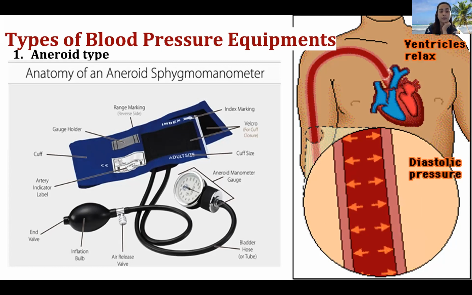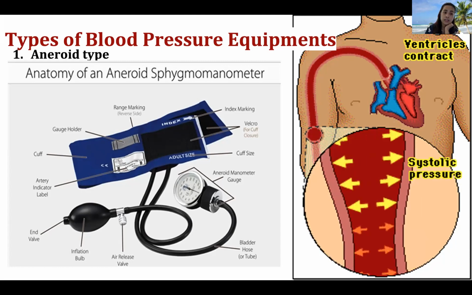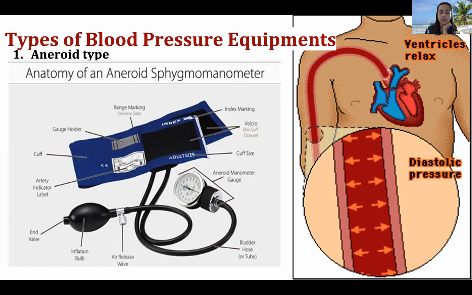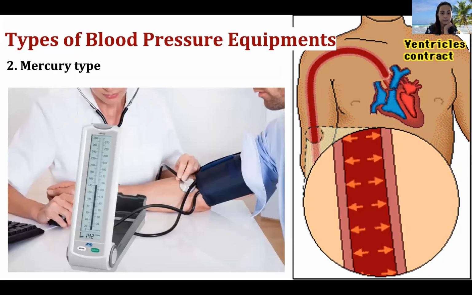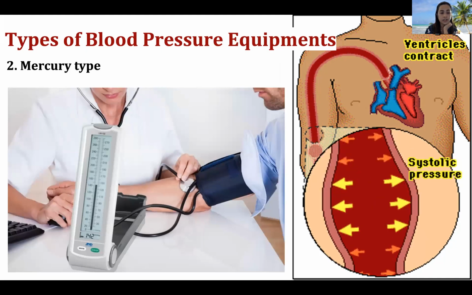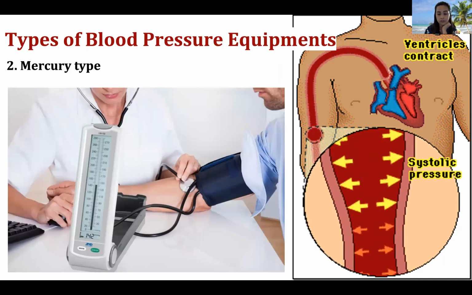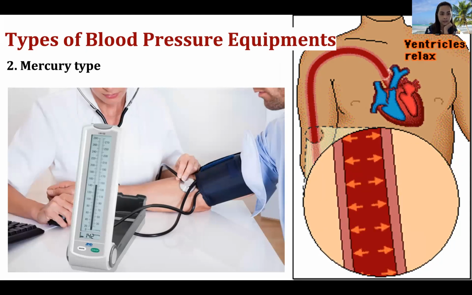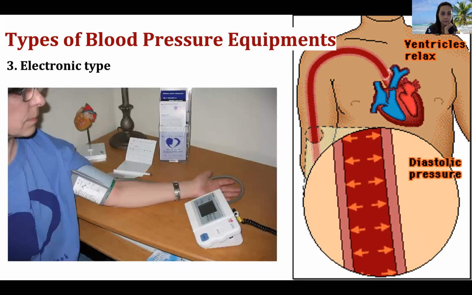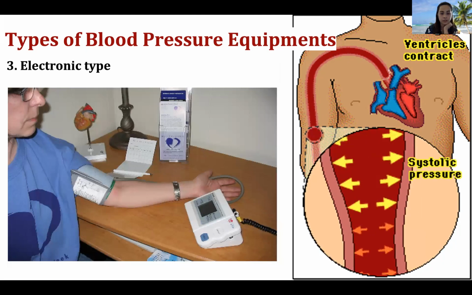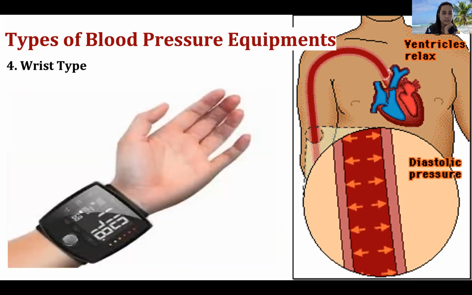The results will be affected. So the aneroid type is much more accurate than the digital ones. We have the mercurial type. Actually, this is eliminated from the system because it caused harmful effects in patients. We have the electronic or digital type. We have the wrist type.